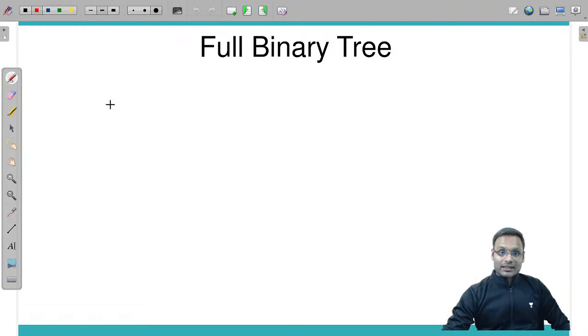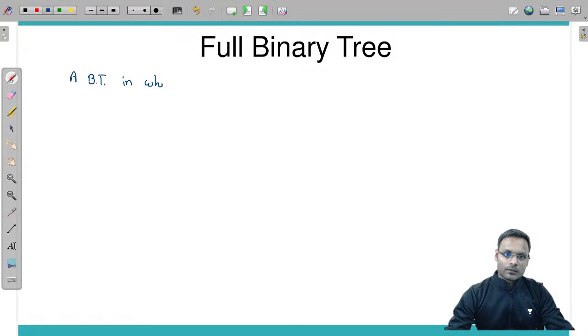Fine. Now look at this. What is a full binary tree? Full binary tree has a definition. A binary tree in which every internal node has two children.